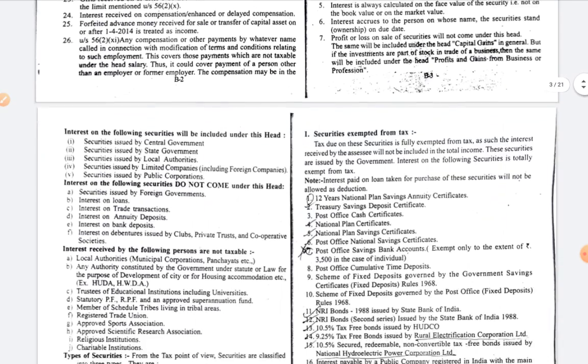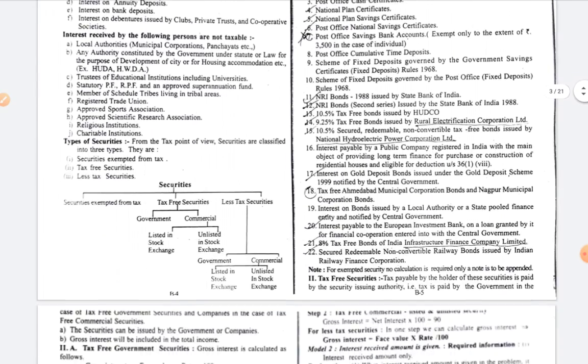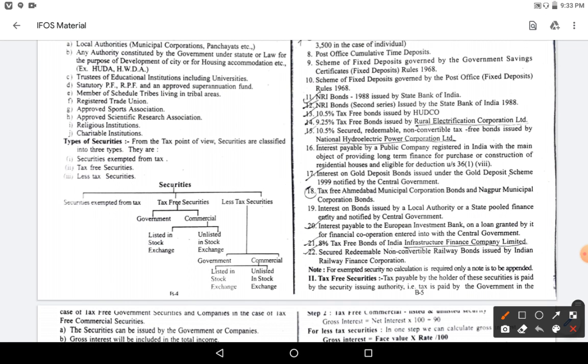And next is interest on securities. Interest on securities we will discuss. So before calculation of interest on securities, first we need to know the nature of securities.